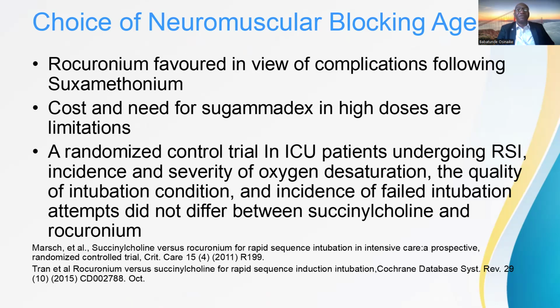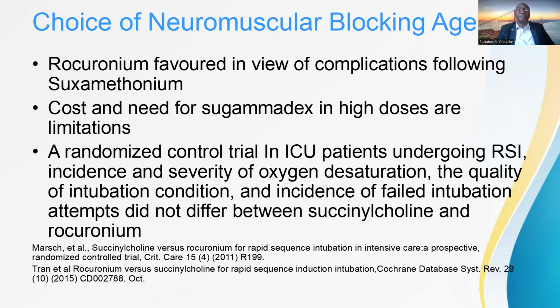But if you have rocuronium, it is good, okay? Studies have shown that the incidence and severity of oxygen desaturation, quality of intubation condition, and incidence of failed intubation attempt did not differ between the two, okay? But the side effects and adverse effects of suxamethonium are what you are afraid of.